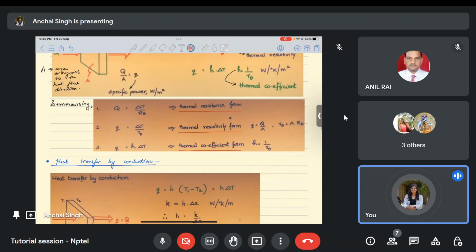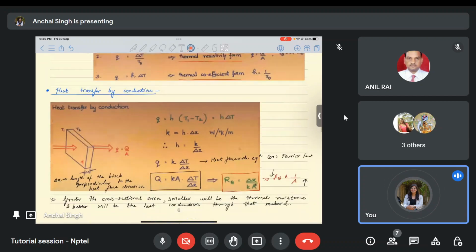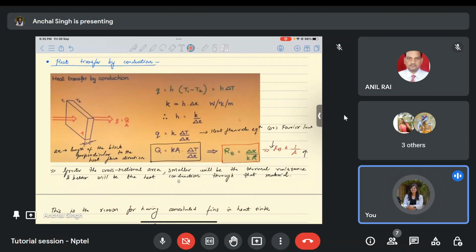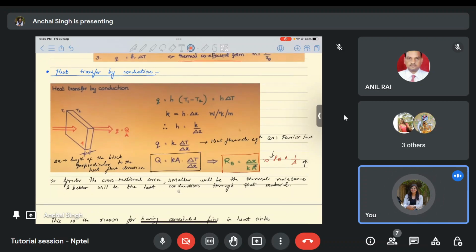So this is summarizing all three forms in which this equation can be written. Now, when we talk about heat transfer by conduction, conduction is between two solids. Consider this particular solid block, across which we are trying to flow an amount of heat Q, and the thickness across which we are flowing is delta X. On one side of this block the temperature is T1, on the other side the temperature is T2.